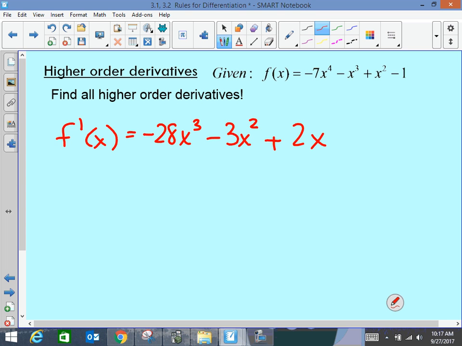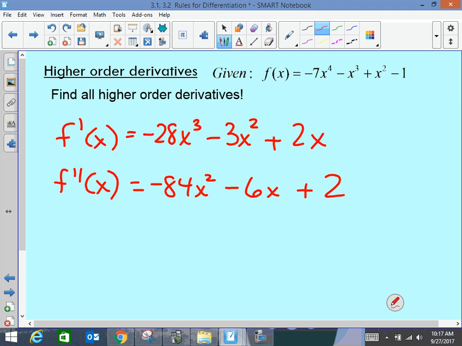And that's as quick as you should all be hopefully going for. To be as quick as Kara. Right? All right. Elena, give me the double prime. 28 times 3. Yep. x squared minus 6x plus 2.